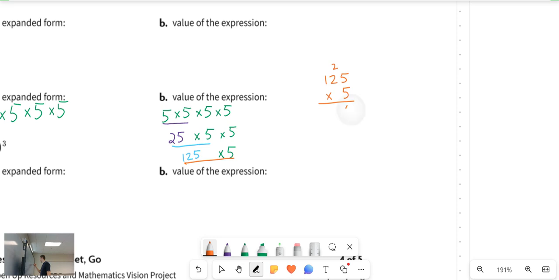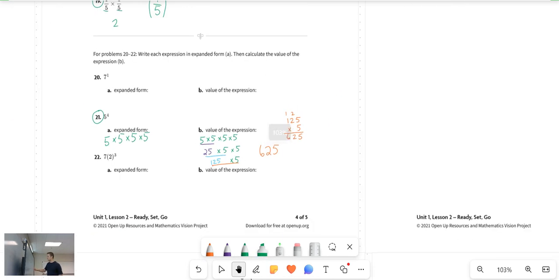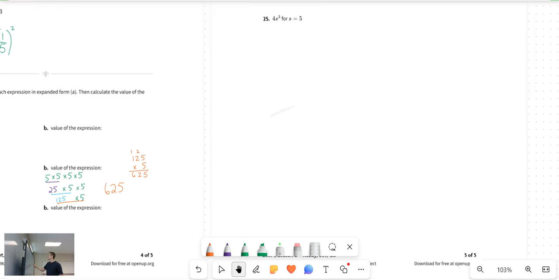Carry the 2, and we bring a 5 down here. 5 times 2 is 10, but we have to add the 2, so that becomes 12. And then we have 5 times 1, which is 5, plus another 1 is 6. 625. All right, so our answer here is 625. That is the evaluation of the expression 5 to the 4th. So 5 to the 4th equals 625.